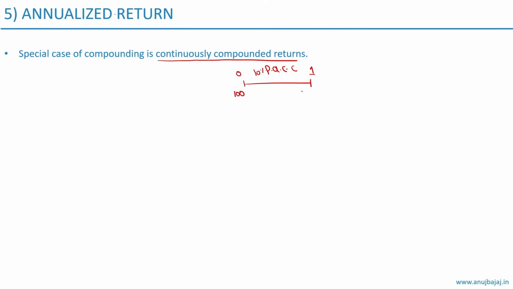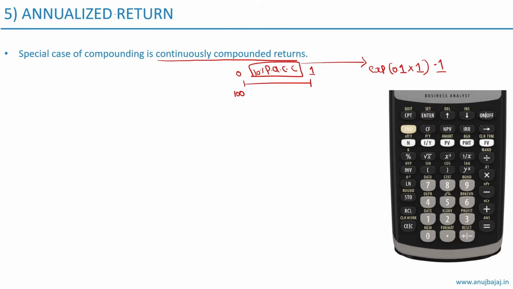This is the stated annual interest rate or the quoted interest rate. Let us find the effective interest rate. To find the effective interest rate, we take exponential of the interest rate, which is 0.1, multiply it by number of years, which is 1 in our case, and subtract 1 from it. On your calculator, you press 0.1 and then press the second key and the ln key and subtract 1 from it.